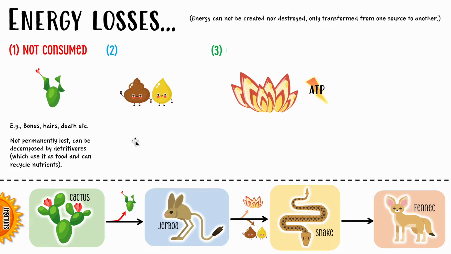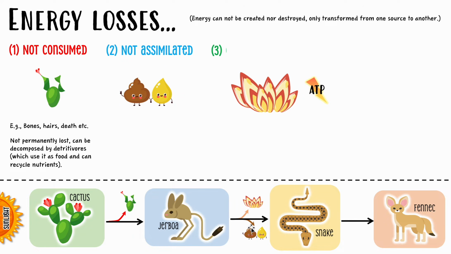Very, very key. The next one is assimilation. So sometimes, for example, a jerboa, yes, or let's say a snake. Let's use a snake here as an example. He eats the jerboa, okay? But his digestive system decides to only absorb some nutrients, and the rest he decides to poo or pee out, okay? He doesn't need everything. There's only some nutrients that are required.